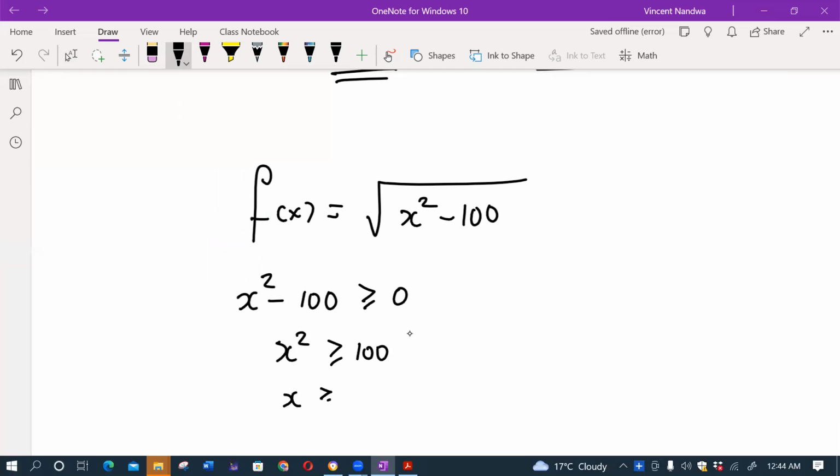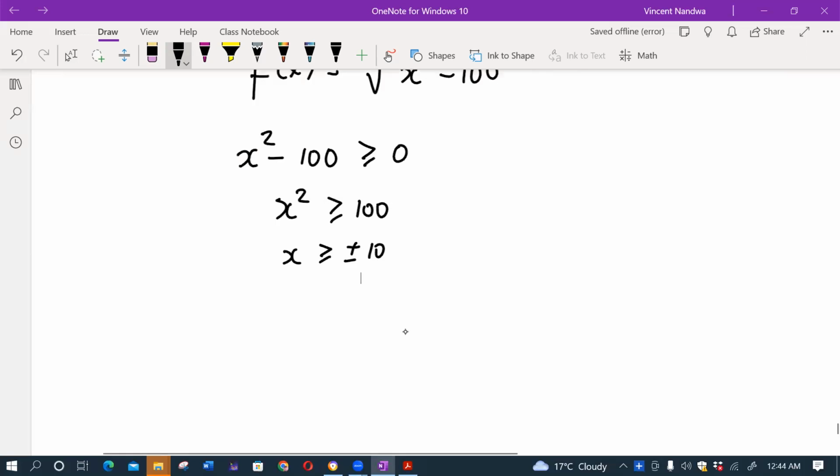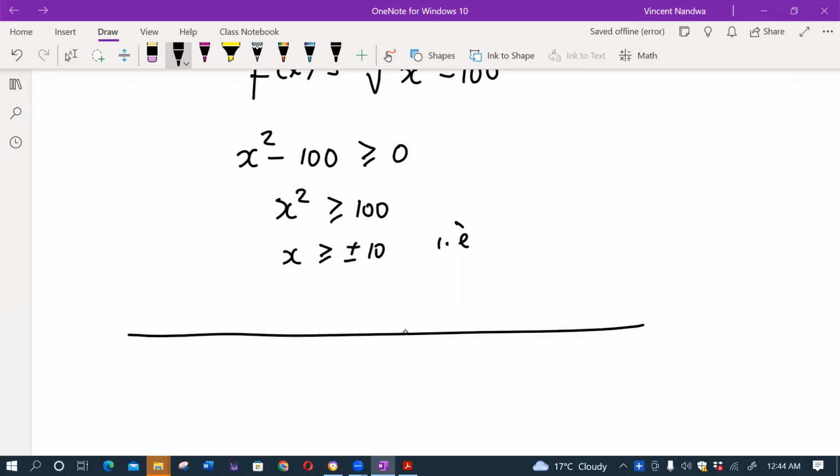So these are the boundaries. You draw a number line here: minus 10, this is 0, this is 10. So there are two main numbers that are going to help us test valid values for x, with minus infinity and positive infinity at the ends.